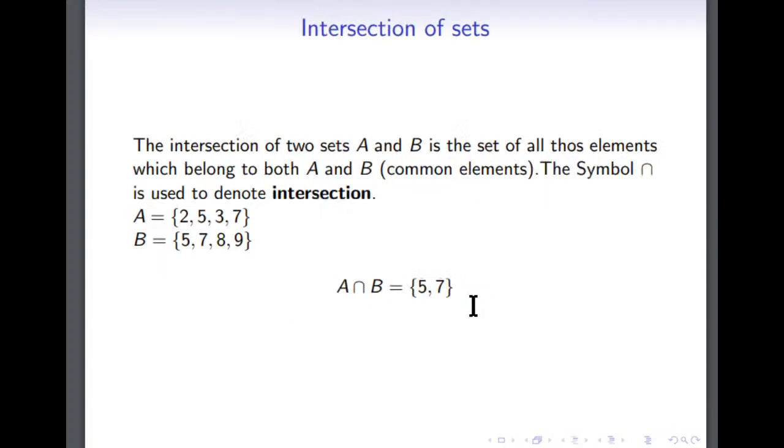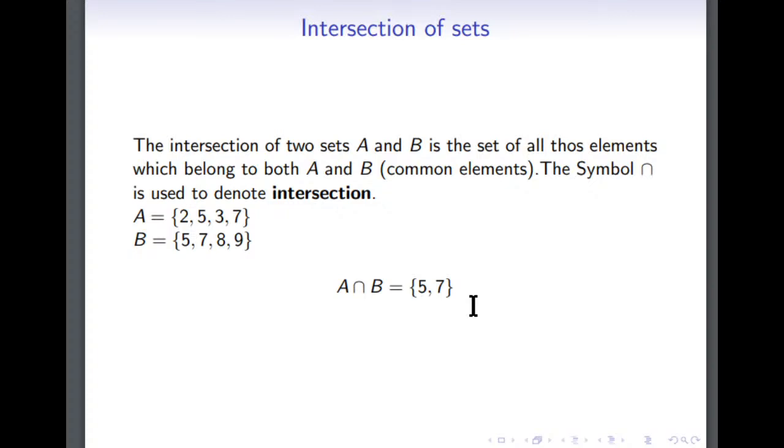Now let's go further. What is the intersection of sets? What does this word intersection mean? Let's think of two lines passing, and when I say intersection of two lines, the image that will come to your mind is a point at which both lines meet, or I can say the point which is in both of the lines is called the intersection.